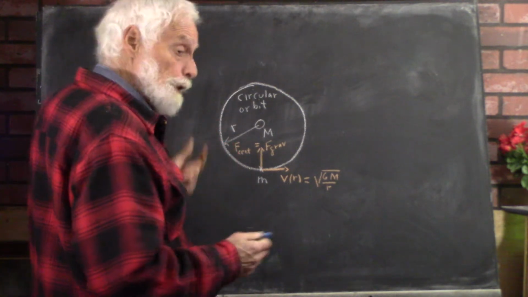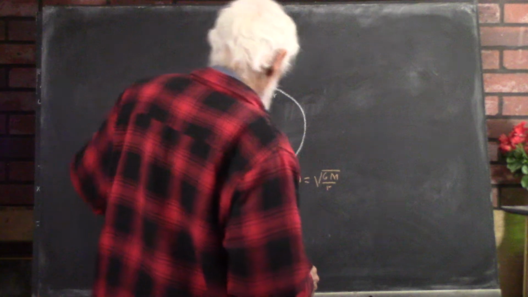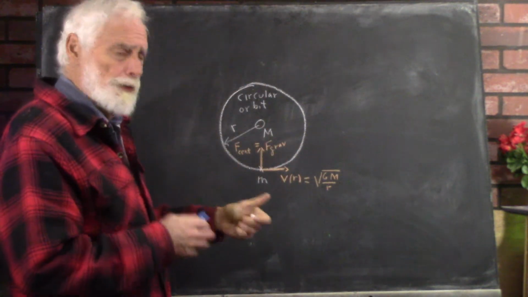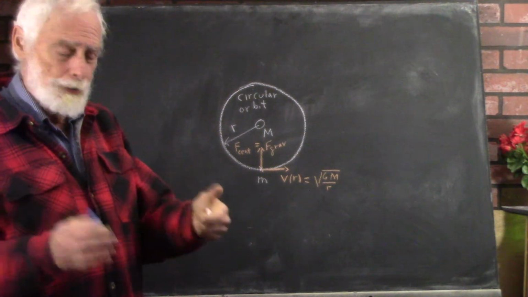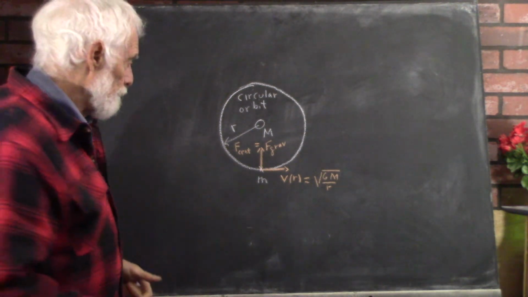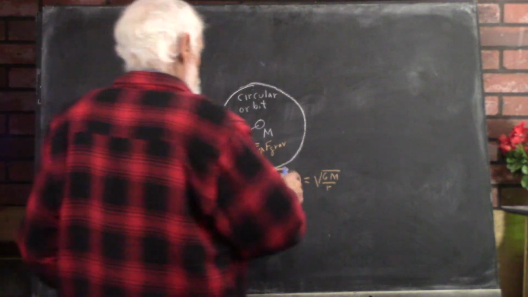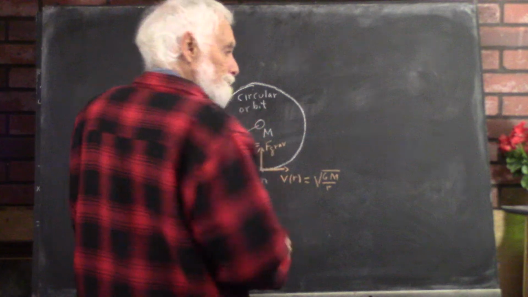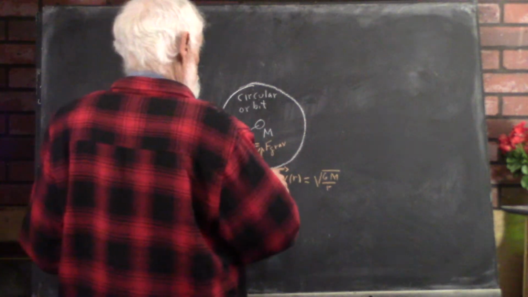Now, if we increase the velocity here, if we're in a satellite, we step on the gas, or whatever you do to accelerate a satellite. What you do is burn thrusters in the direction of motion. It doesn't have to be in the direction of motion, but we choose to do that.